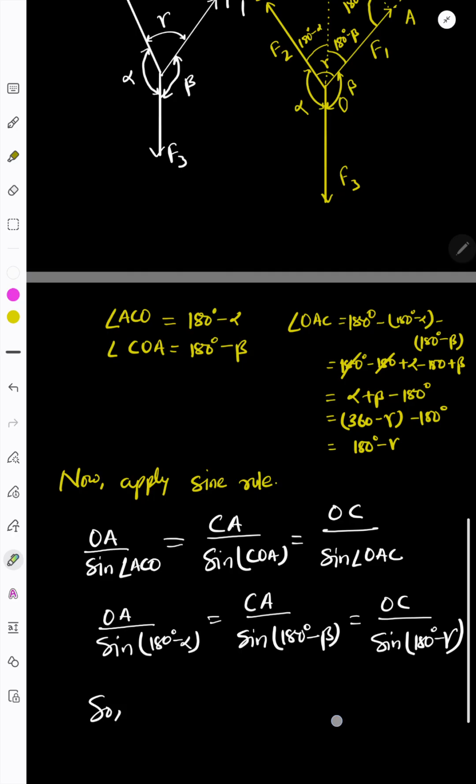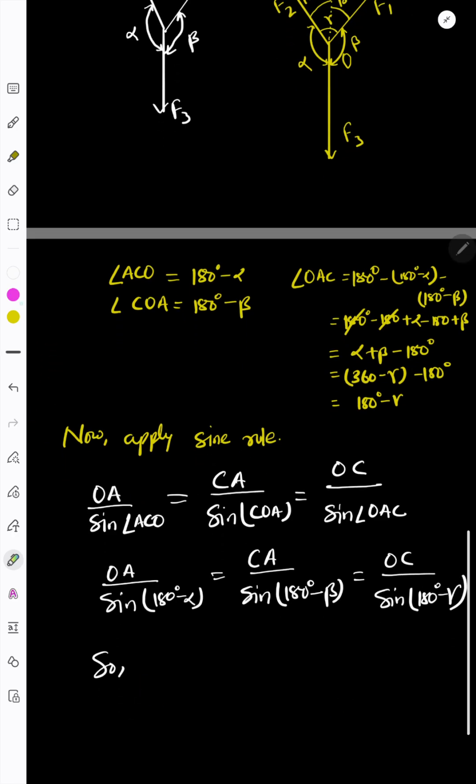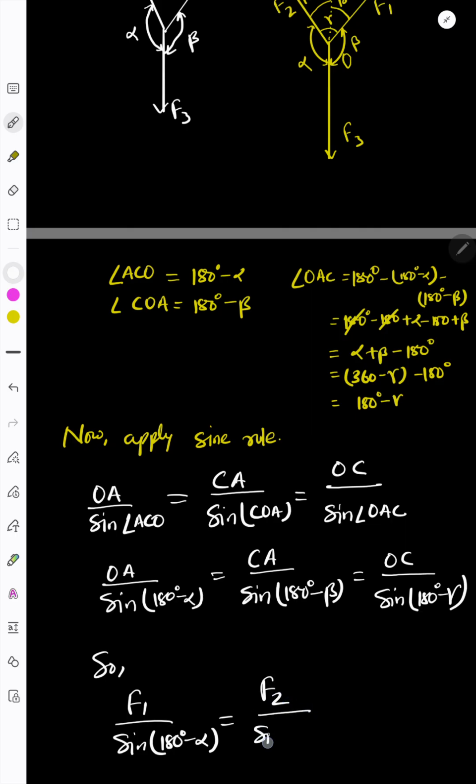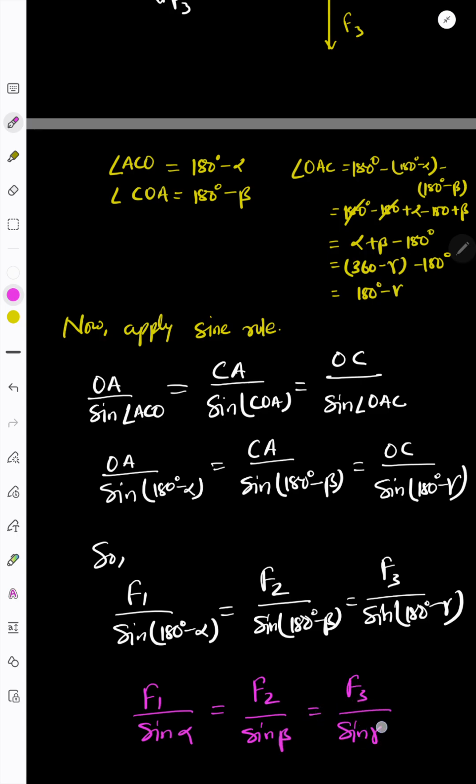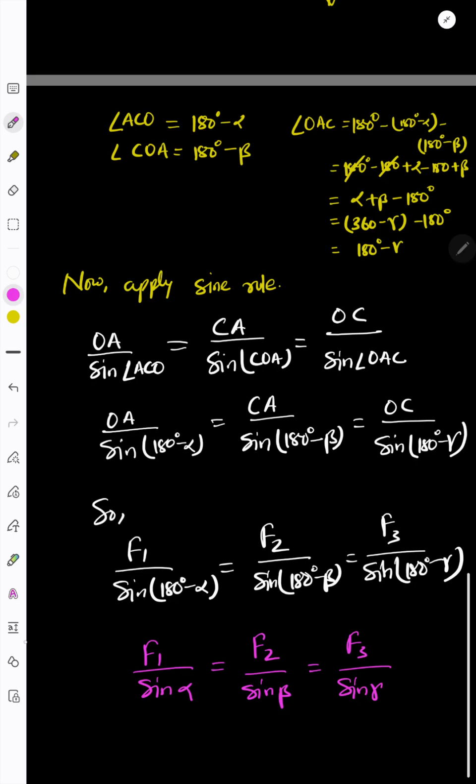So we represent F1 by sine(180 degree minus alpha), F2 by sine(180 minus beta), F3 by sine(180 degree minus gamma), or we can write F1 by sine alpha is equal to F2 by sine beta is equal to F3 by sine gamma. So this is Lami's theorem, which we were trying to prove.